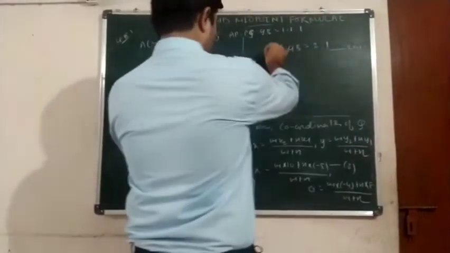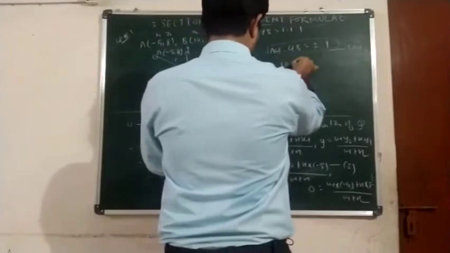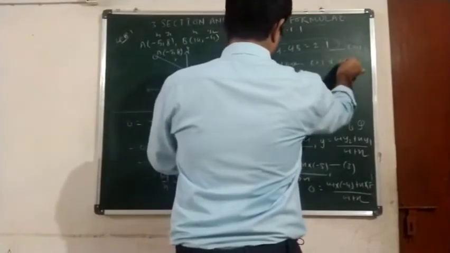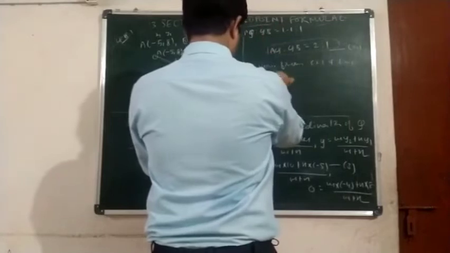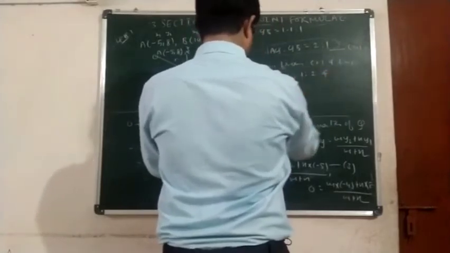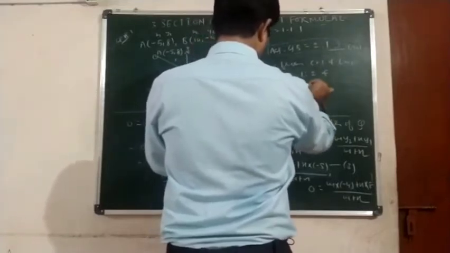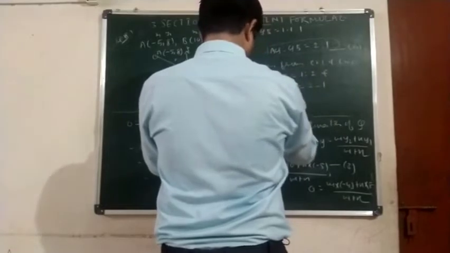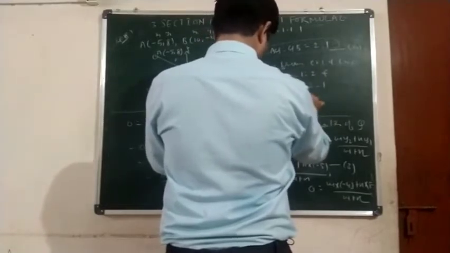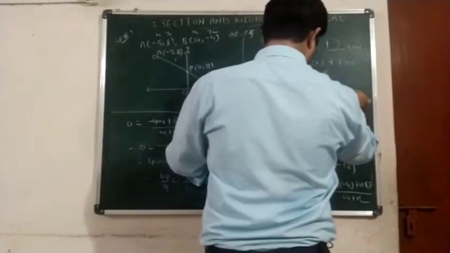Say this is number 4. Okay, so now from 2 and 4, AP is to PB is 1:2, and AQ is to QB will be 2:1, and therefore AP is to PQ is to QB ratio will be 1:1:1. Yes or no?